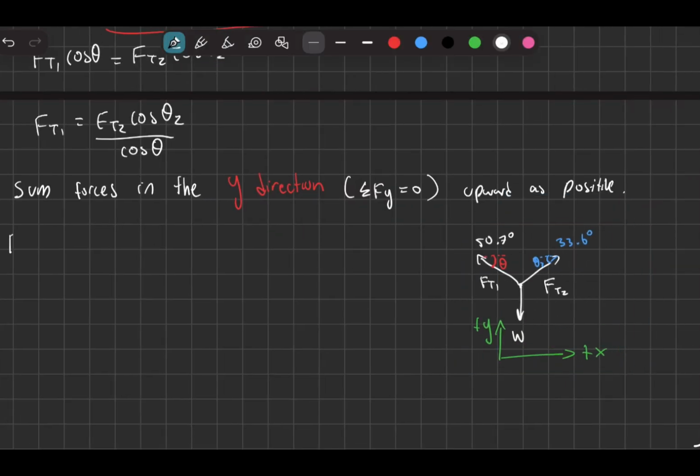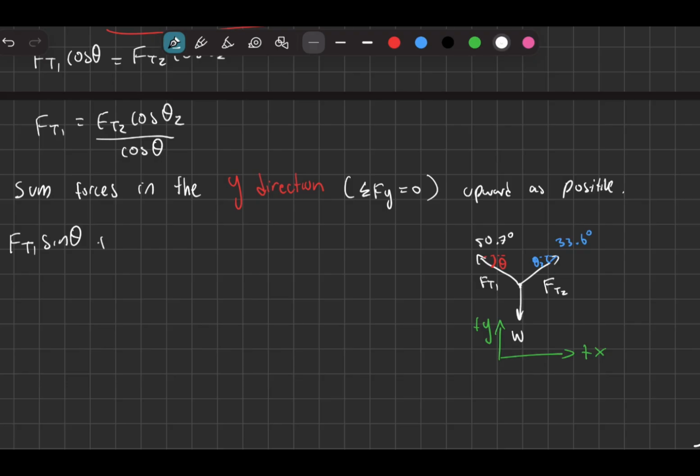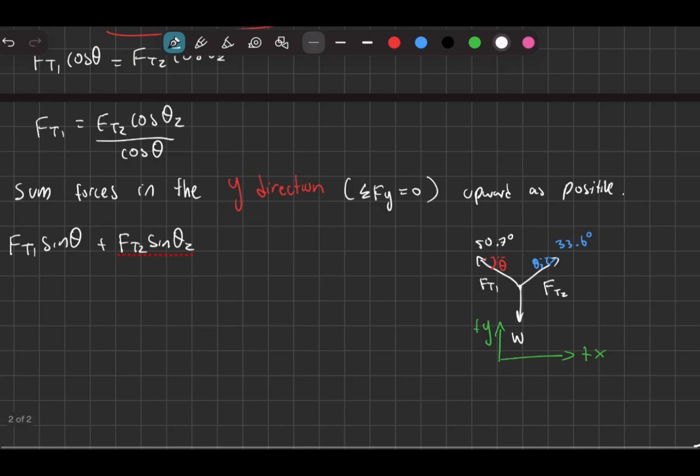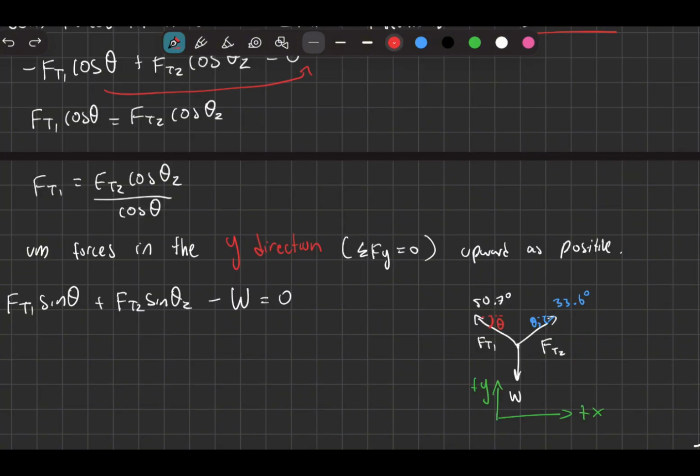So FT1 sine theta, it's positive because it's going upwards, and it's sine theta because the y component is opposite to the angle. And same thing goes with FT2, and for the weight, it's going in the downwards direction, which is negative. That's why it's negative W, which is its weight.